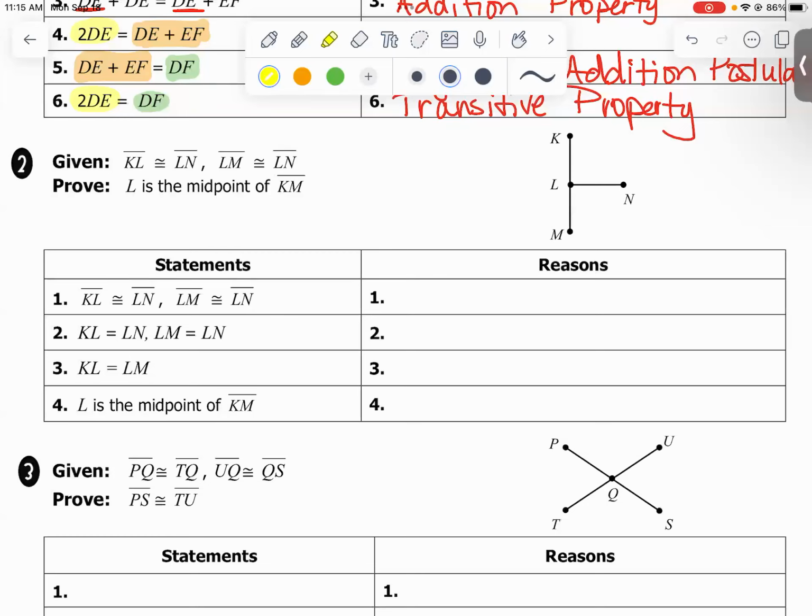So right now we know that KL is congruent to LN and LM is congruent to LN. Okay, so that is our given. I'm gonna put some markings on my picture just to help me. We know that KL and LN are congruent. Okay.